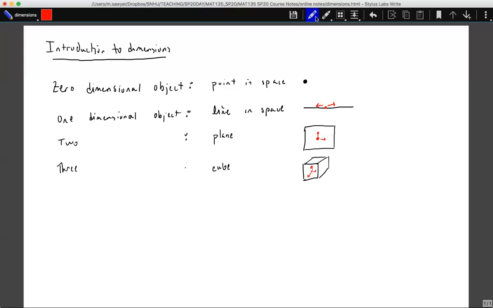Building on this idea, we have a definition of dimension as the number of degrees of freedom for a point that moves on an object.